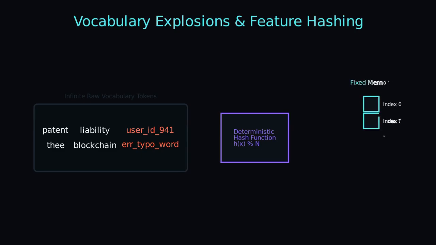When a token like liability or patent streams into the pipeline, the hash function processes the string characters and converts them directly into fixed range numeric indices on a highly compressed array. This deterministic compression bounds your feature matrix to a fixed, optimized memory footprint, keeping calculations lightning fast regardless of how messy your raw text collection grows.